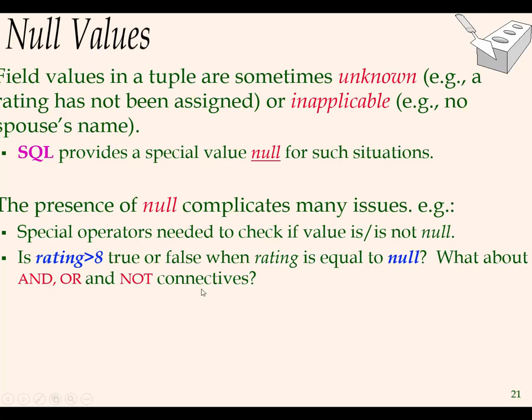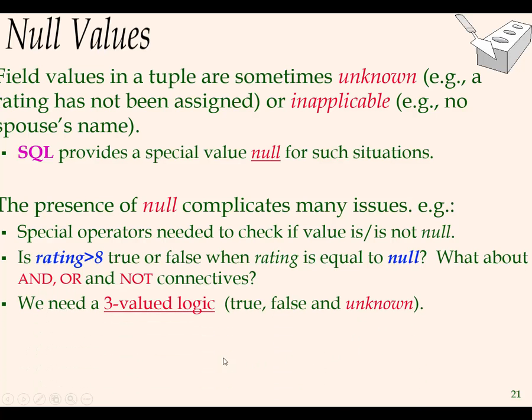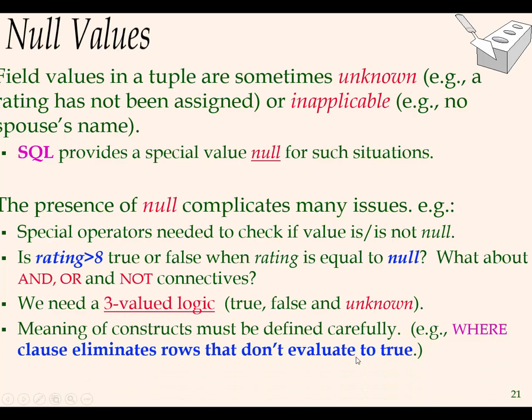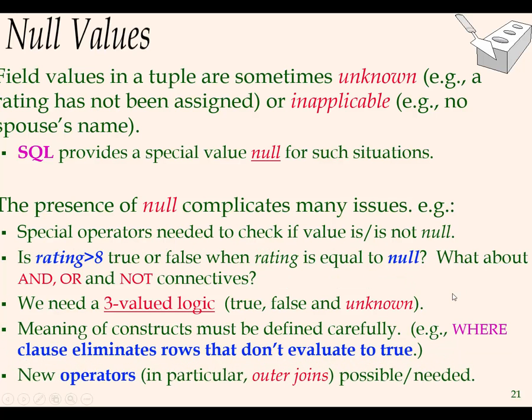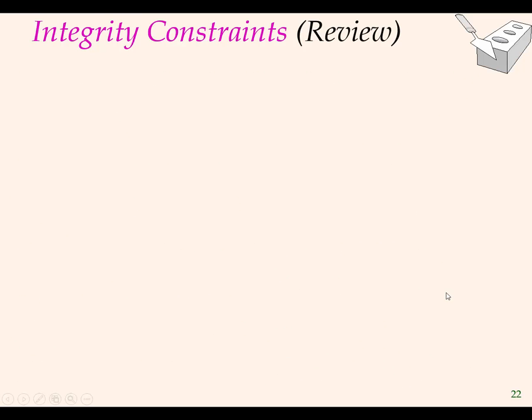How would you answer that? The same thing if you have a null with an and, or, not connective. So again, it's a little bit challenging where you have true, false, and unknown, 3 values instead of a Boolean. So again, these are the challenges of using the null.